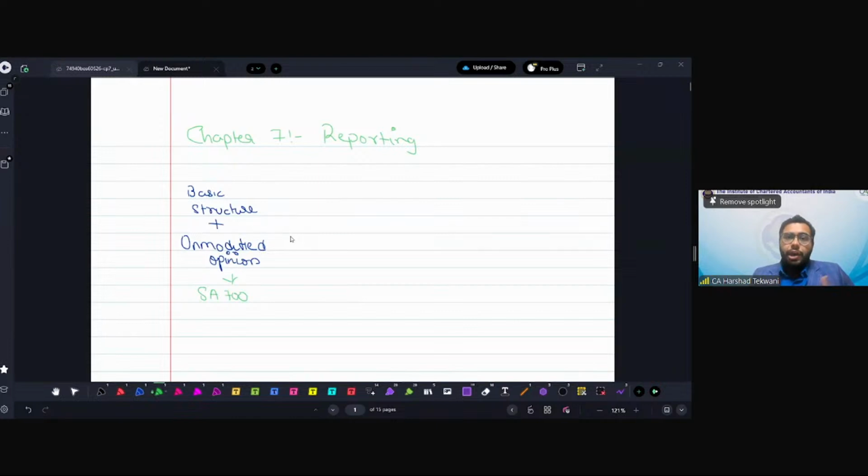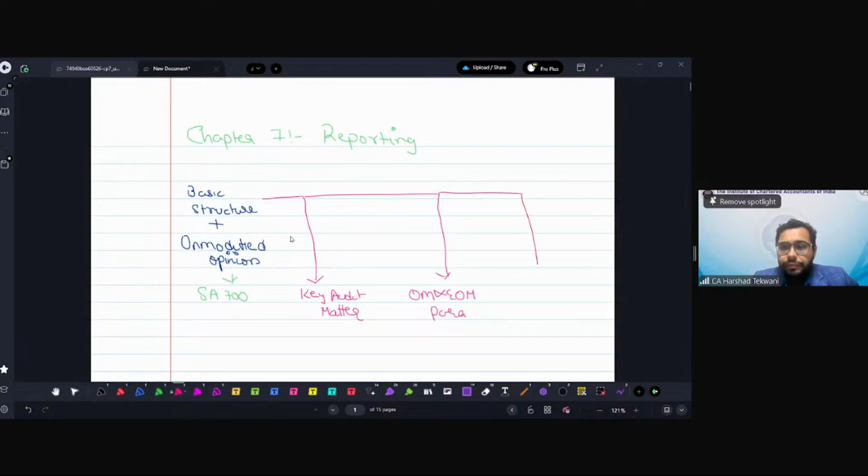Now when I talk about basic structure, it contains a few more things. For example, it contains the key audit matter paragraph, the OM and EOM paragraph, and the other information paragraph.